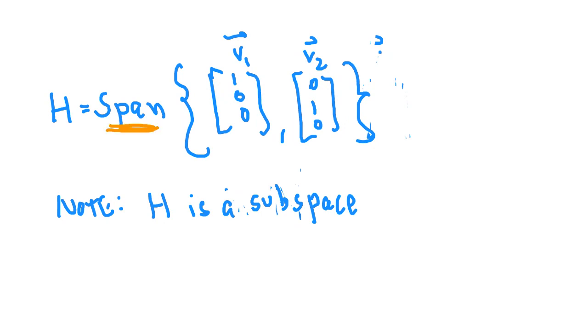Well, H is the span of a set of vectors, right? Anytime you have the span of a set of vectors, you have a subspace. But H is a subspace of what space? Where does this space H live? Does it live in two-dimensional space, three-dimensional space, four-dimensional space?